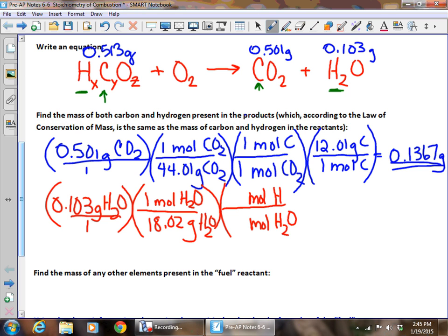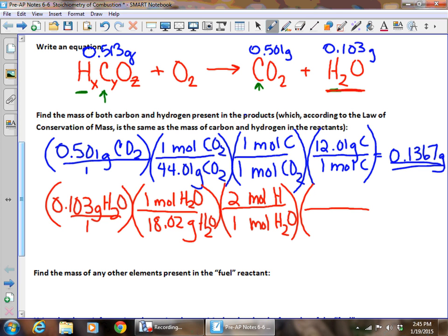So look at our formula for water. If we have 1 mole of water, how many moles of hydrogen would we have? We would have 2 moles of hydrogen for every 1 mole of water because of the formula, okay? So that's what our mole ratio is going to be for hydrogen in water. 2 moles of hydrogen for every 1 mole of water.